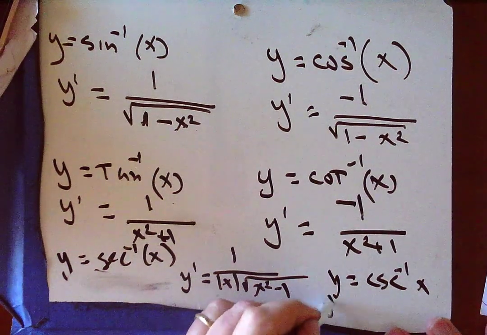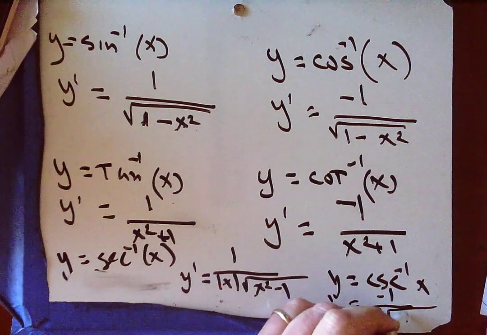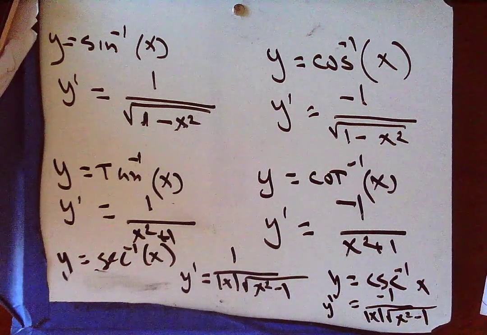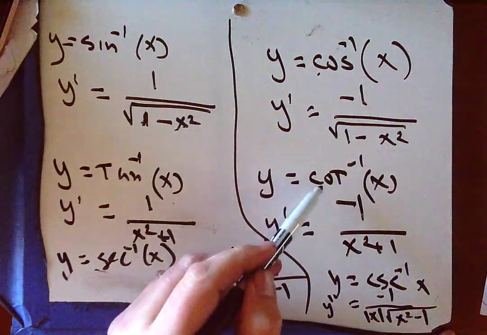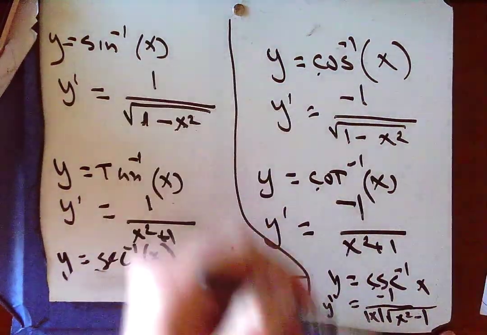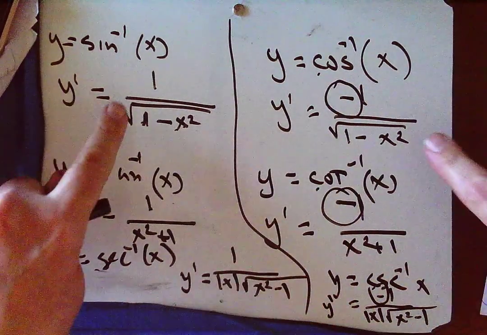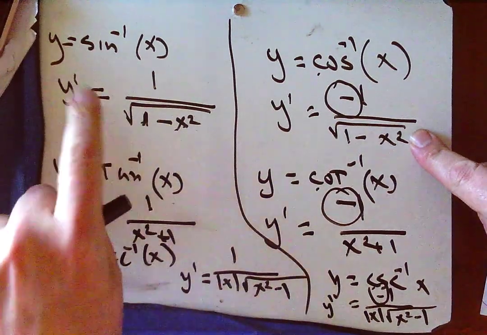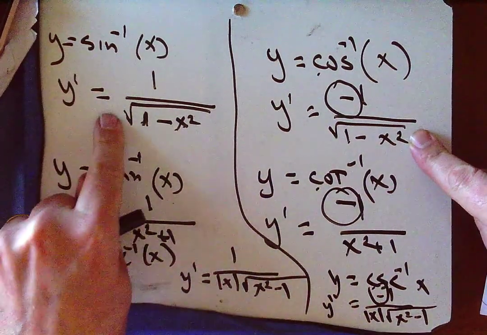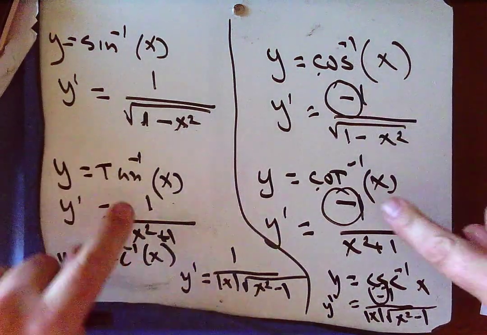Did you say y prime equals negative 1 over absolute x square root x squared minus 1? If you did, that'd be perfect. Now, do you notice something here? All the inverse cofunctions have the same derivative as their cofunctions, with the addition of that negative, right?